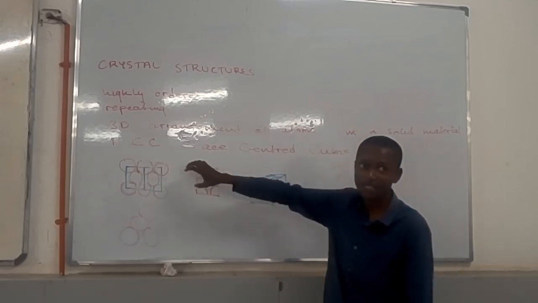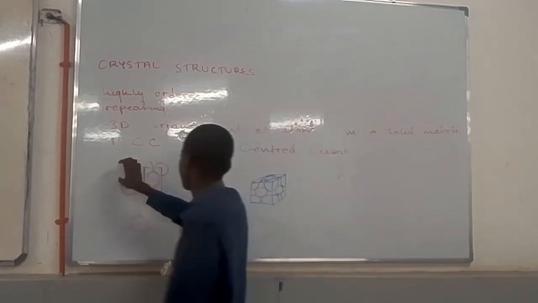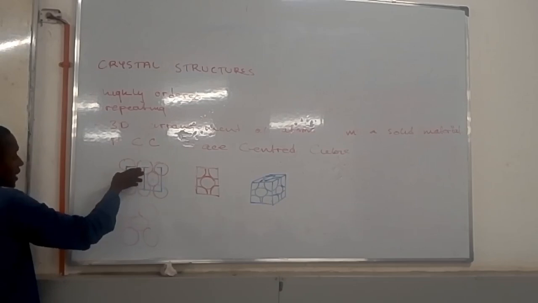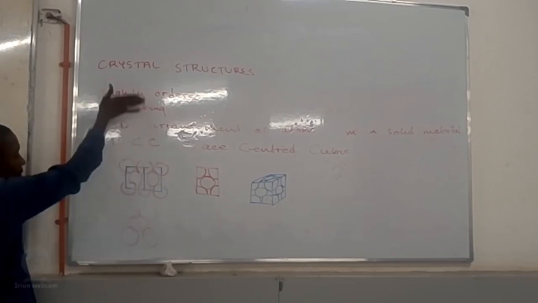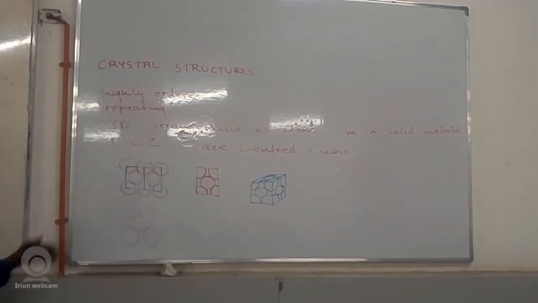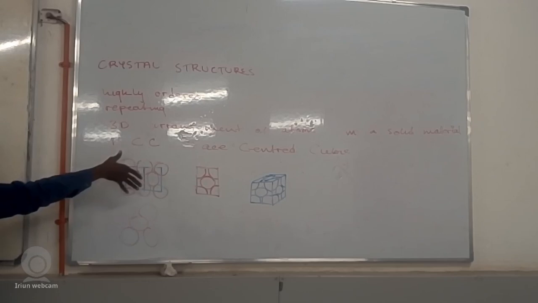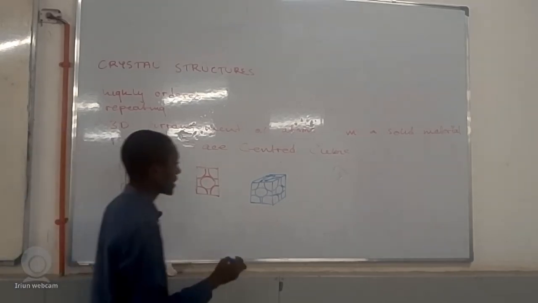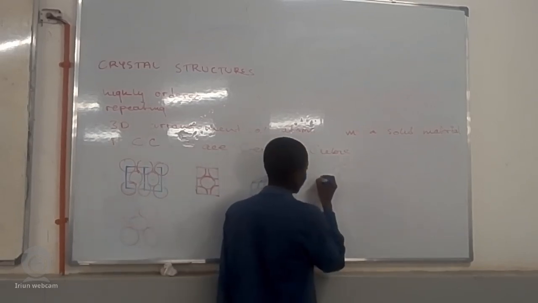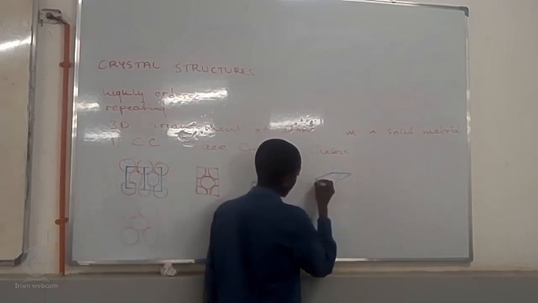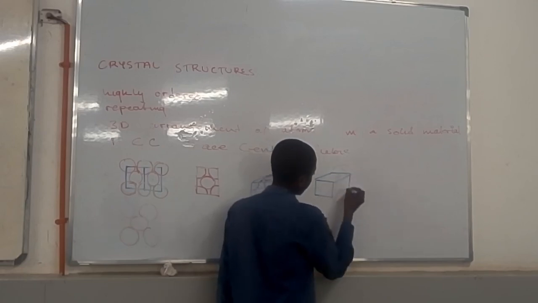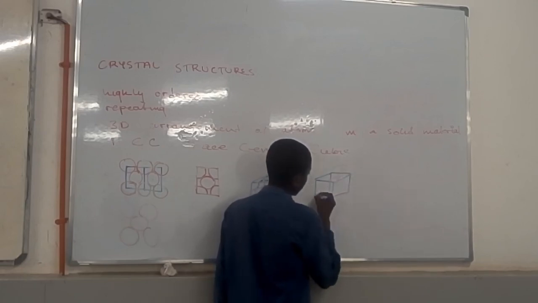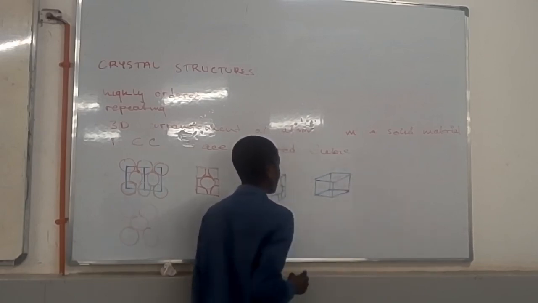It's like we had spheres all over, and we cut them in the middle to get this. So if I were to write it in that other representation that I don't like, we would have our unit cell.